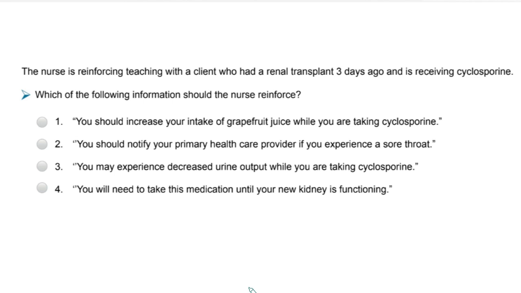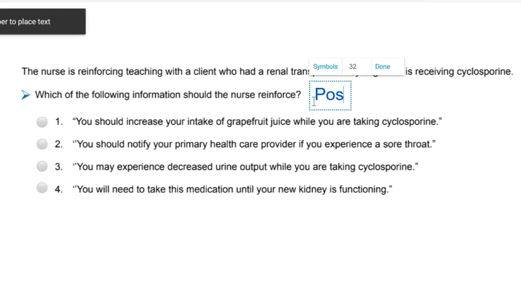If you're practicing questions, you want to be able to say to yourself or to somebody or to your tutor, why is that answer correct or incorrect? Why do you think we need to eliminate it? Why is it a positive or a negative? So keep in mind here, we are looking for a positive answer.